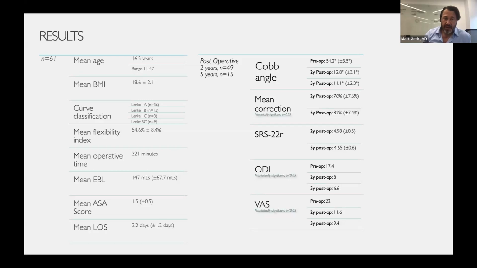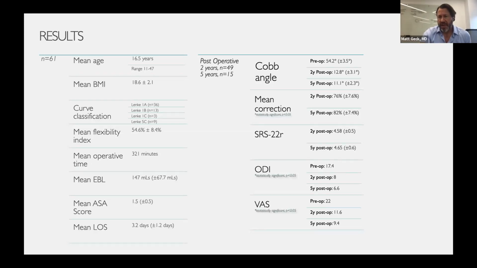And then in terms of operative time, that is a long operative time, but this was, again, our first 60 patients. And if you look at blood loss, we were doing these surgeries with very, very small amounts of blood loss. Correction was very good, kind of 75% correction. And post-op SRS-22 scores, that may look like a little bit of an arcane measurement there.